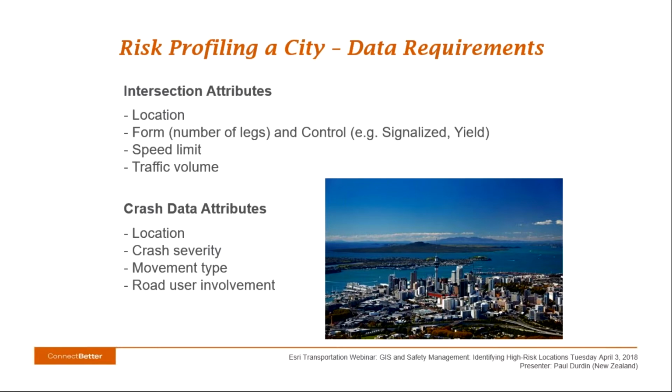We obviously need to know where the intersection is located, its form and control type, speed limit and volume. All of that information can be sourced from a road centerline dataset as well as a road asset dataset too. Then in terms of crash data, we need to know where the crash happened, its severity, its movement, and the types of users involved, ideally.